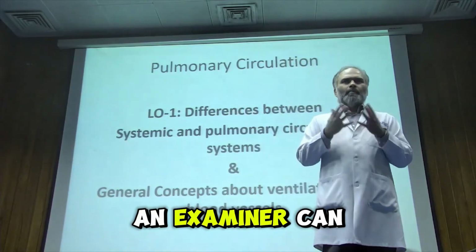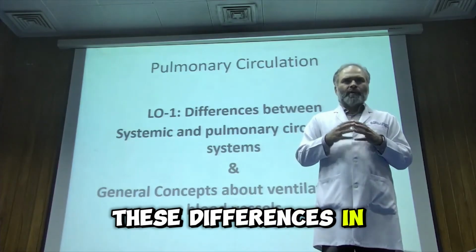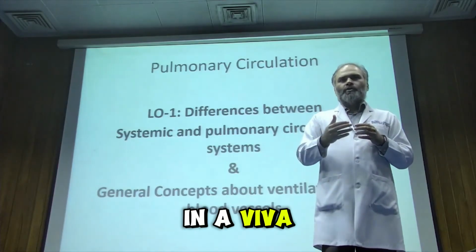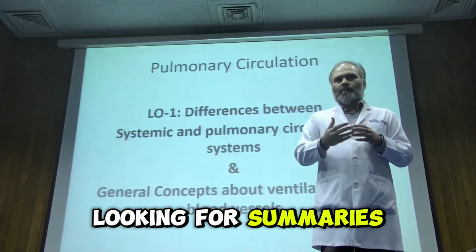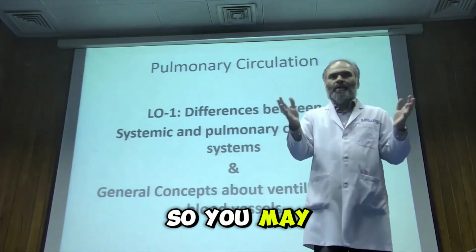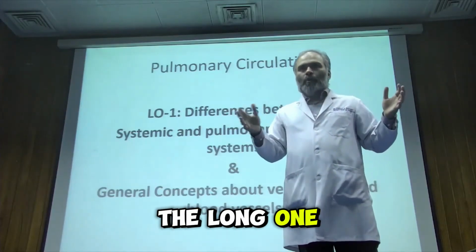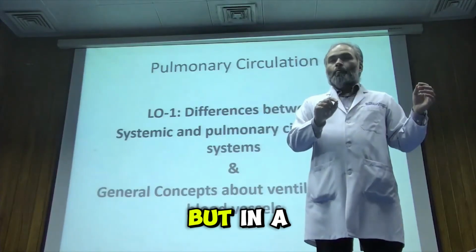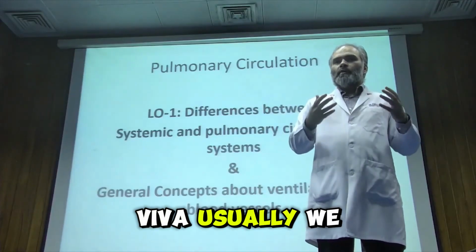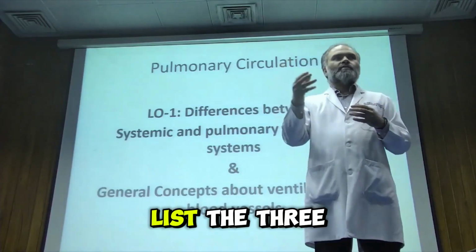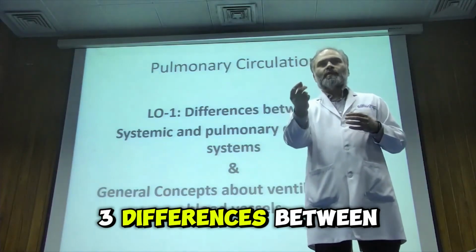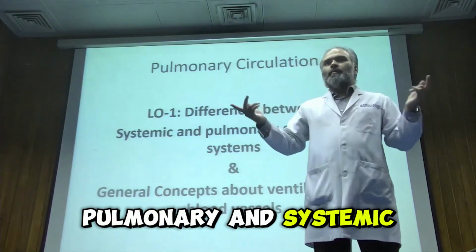An examiner can ask you about these differences in one go. In a viva, usually we are looking for summaries, not long explanations. You may know the long explanation of one or two, but in a viva we are usually after lists. List the three differences between pulmonary and systemic circulation.